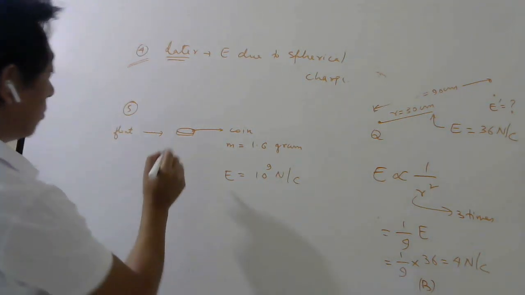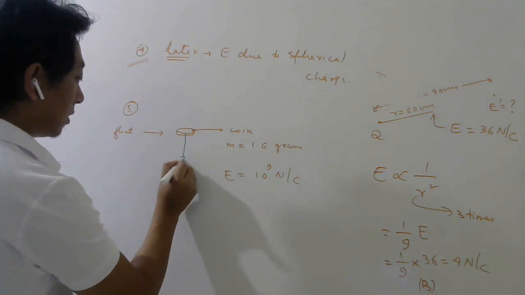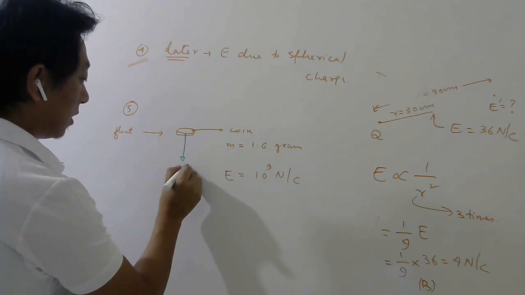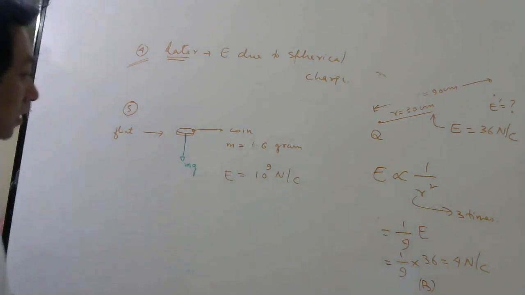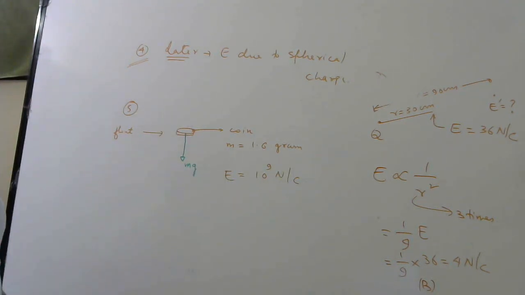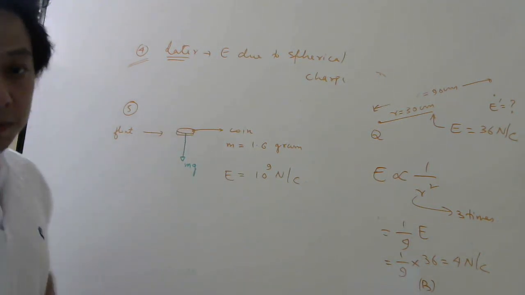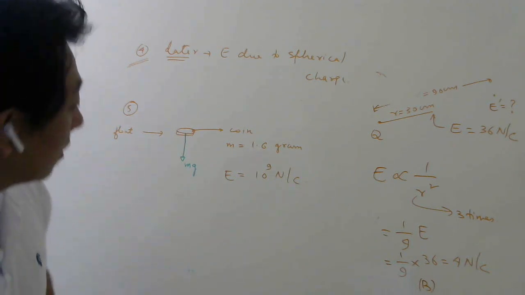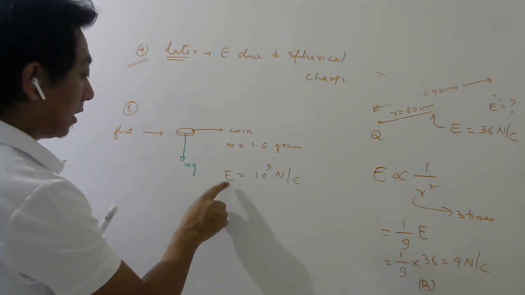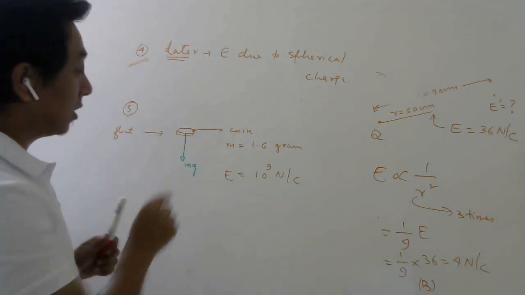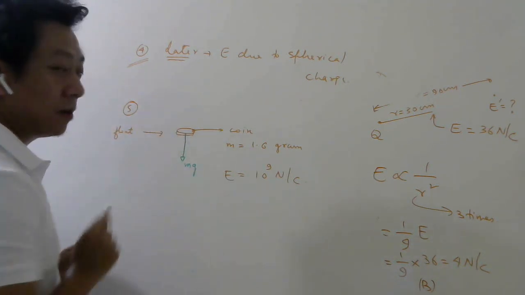So you know there will always be one force because it has mass. Earth's gravity will pull this with a force mg. Now if it wants to float here, this force has to be balanced. And there is already an electric field in the problem. But this coin usually will be neutral.